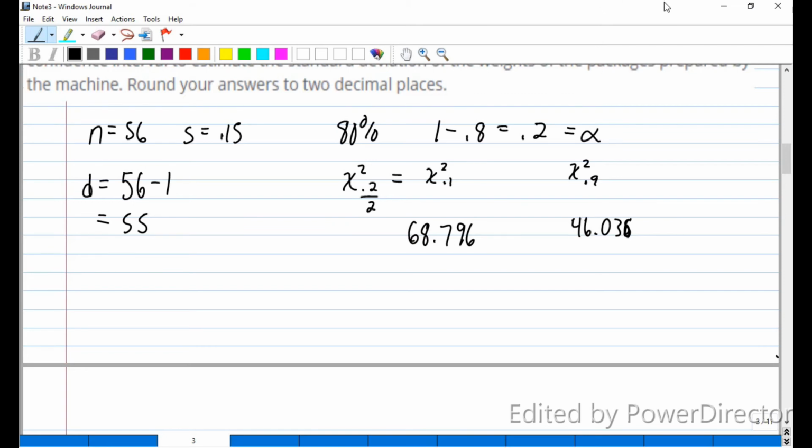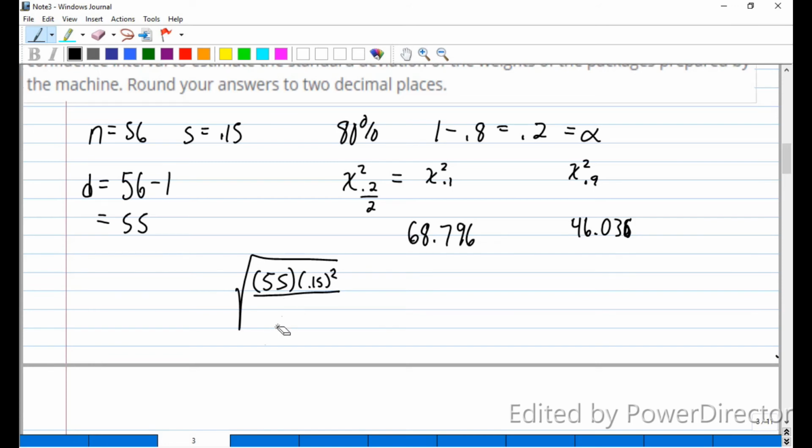All right. So n minus 1. What's that? 55. Times s squared, 0.15 squared, over. All right. Which one do I put here?